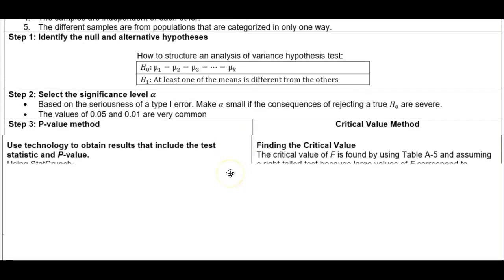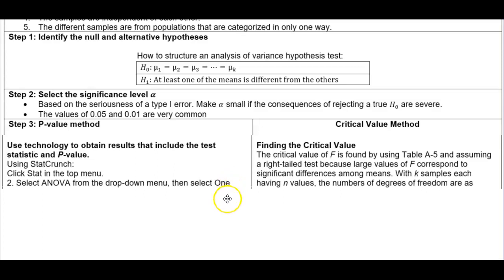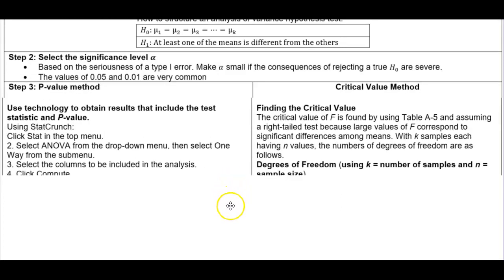You're going to use technology to obtain results that include the test statistic and the p-value. Using StatCrunch, you're going to click Stat on the top of the menu. You're going to select ANOVA from the drop-down menu, then select One Way from the submenu. Number 3, you select the columns to be included in the analysis, and then you click Compute.